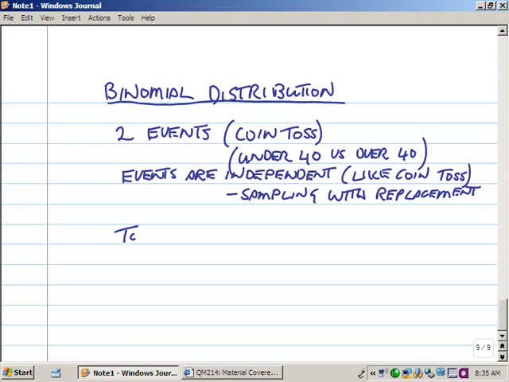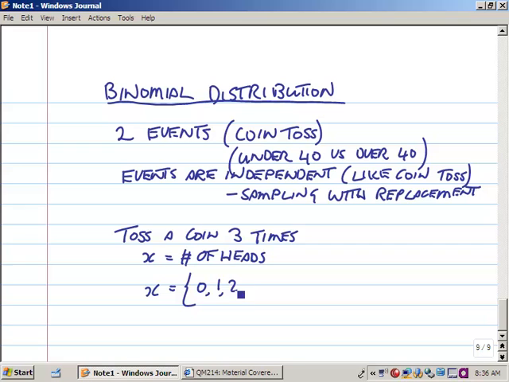We're going to toss the coin 3 times, and X will be the number of heads. So we know that the event space for X will be 0, 1, 2, or 3 heads.